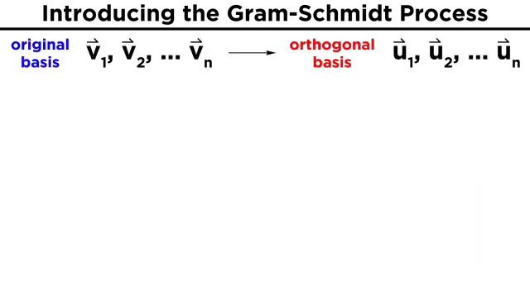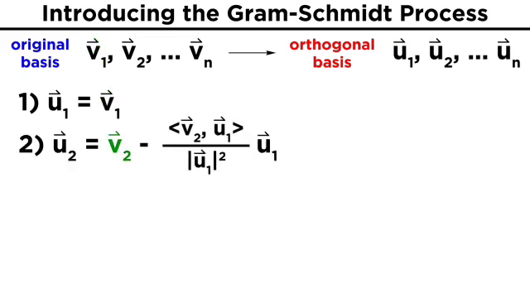The process goes as follows. First, start by setting the first new vector u1 equal to the first basis vector v1. For the second step, take the second vector v2 and subtract from it the inner product between v2 and u1, divided by the length of u1 squared times the vector u1. So altogether, that looks like this.